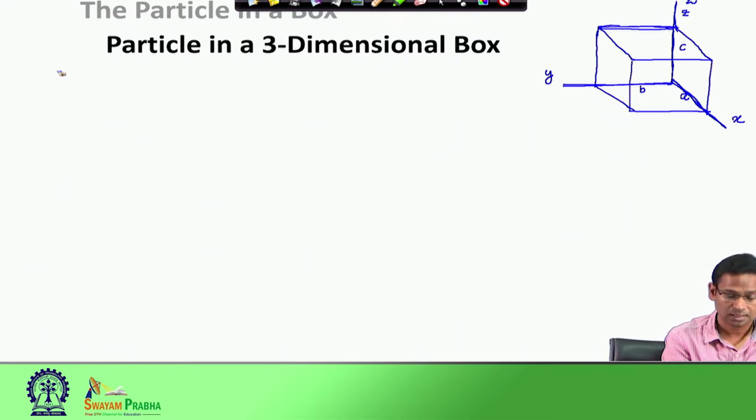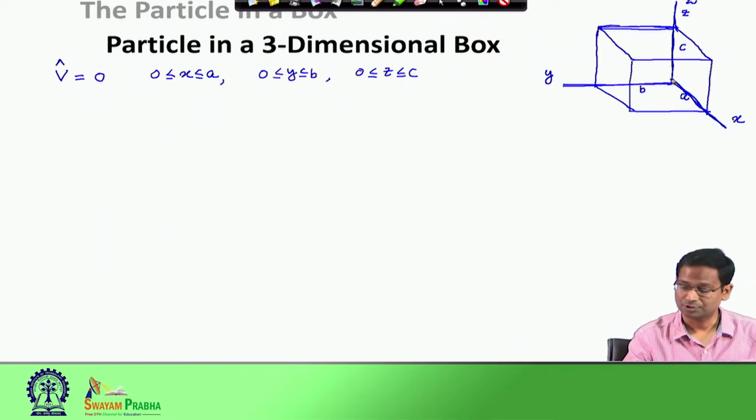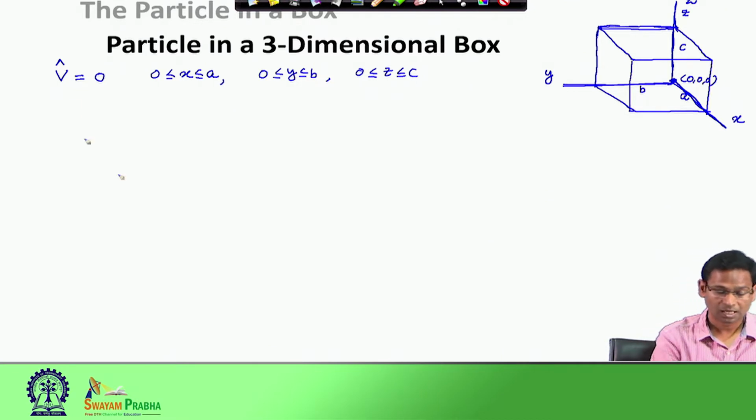So, here we would say that the potential energy is 0 for x between 0 and a, y between 0 and b, and z between 0 and c. This is the origin 0, 0, 0. So, this is the potential energy within the box, and outside the box the potential energy is infinite, elsewhere.